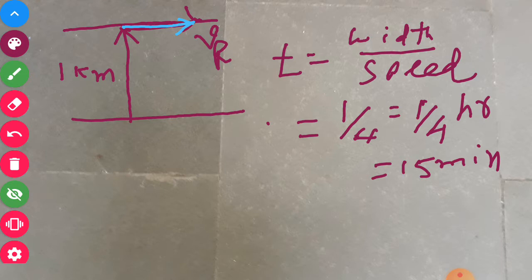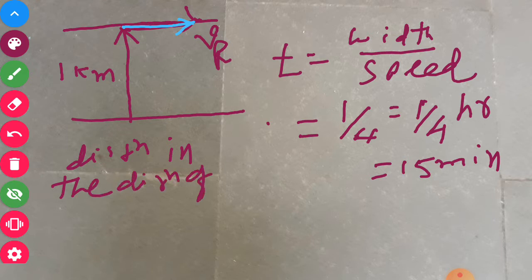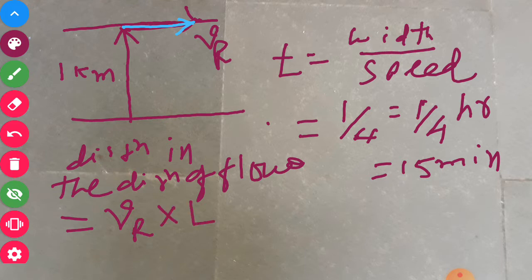The distance in the direction of flow is nothing but distance equal to speed in the direction of flow multiplied by the time at which he reaches the other bank. He reaches in 1 by 4 hour.